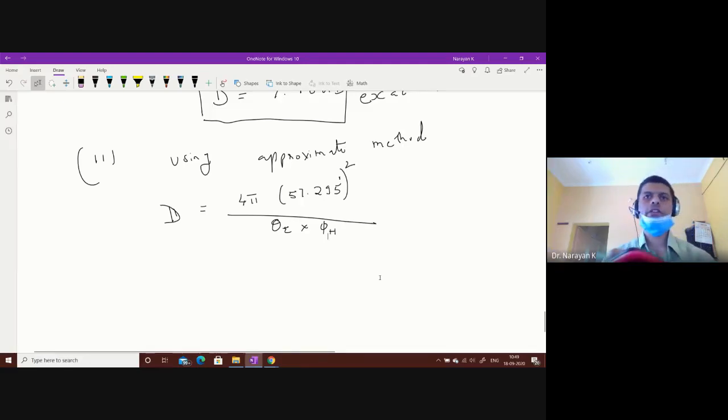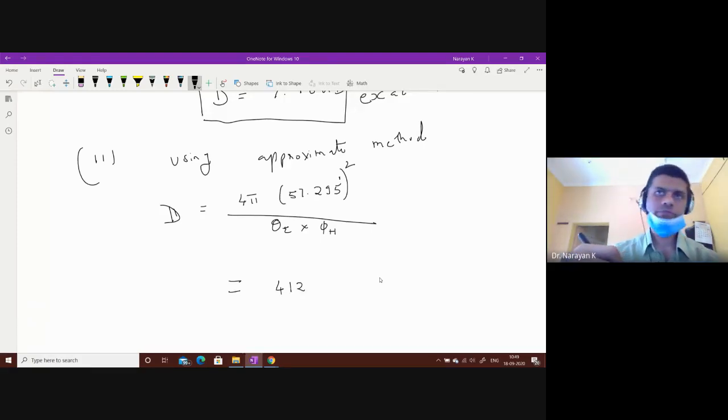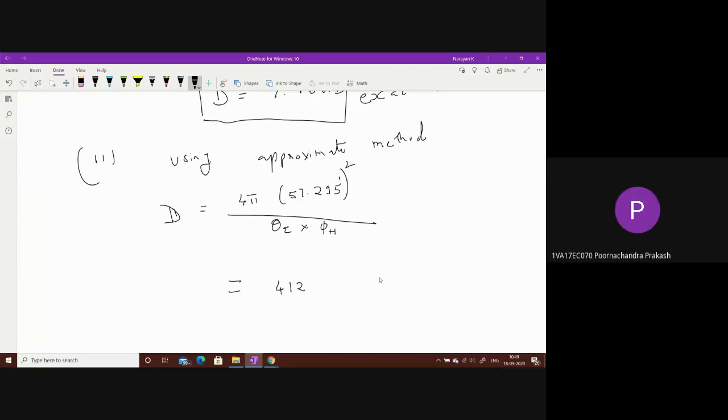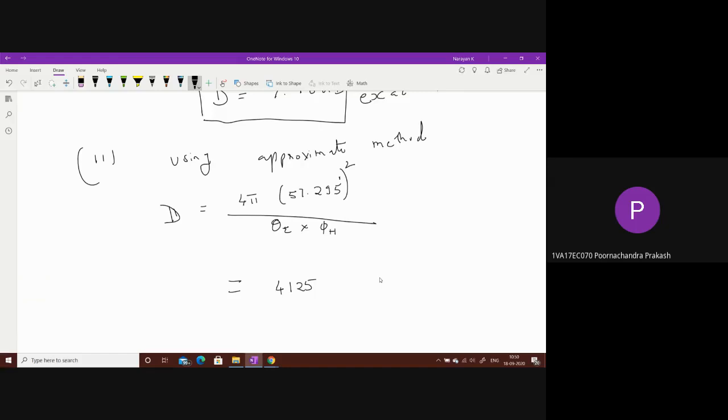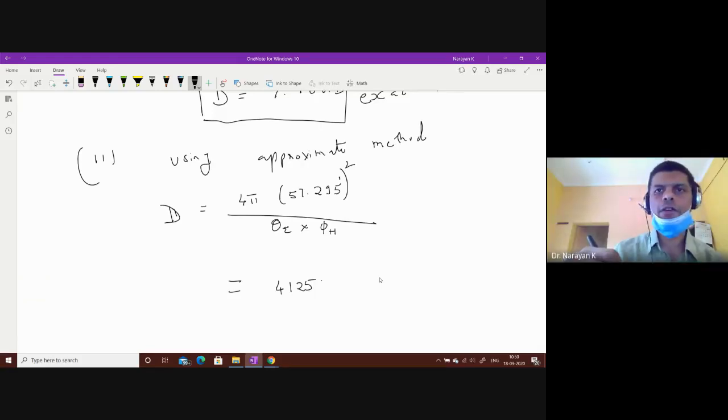So this is what we have understood. In terms of degrees, if you multiply this, you will get 4125. Can you multiply and tell me 57.295 degrees whole square into 4 pi? 41253, approximately.